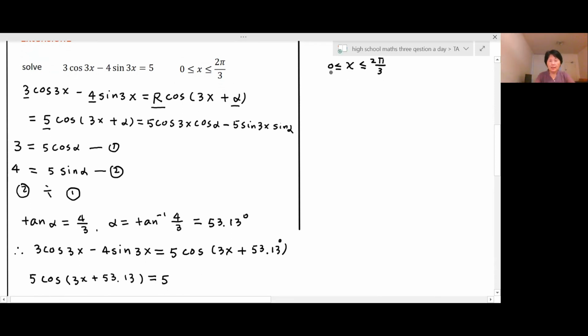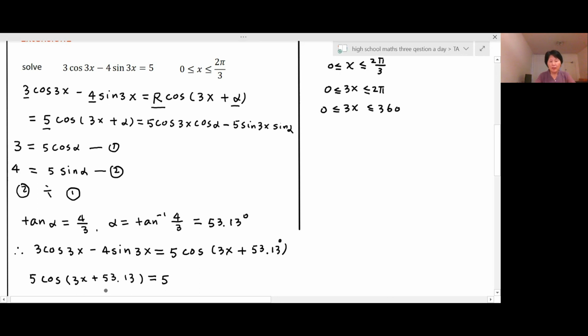So 3x will be less than or equal to 6 pi, and larger than or equal to 0. Okay, so now this 2 pi is 360. So I just write 3x will be less than or equal to 360, then larger than or equal to 0.